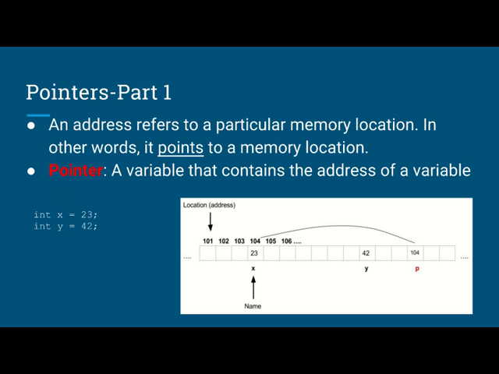Instead of containing an actual value, 104, it contains the address of this memory location. So when we access p, the system will see it's a pointer and it's pointing to 104, so you will get a value of 23 instead of 104. We'll see how it works later. All right.